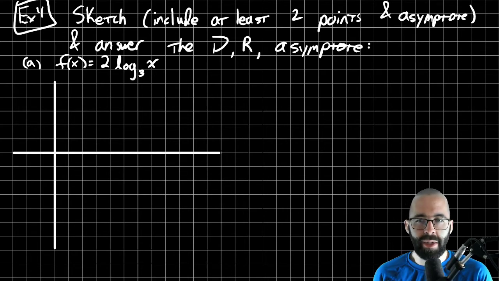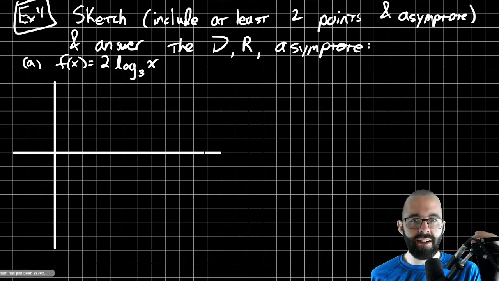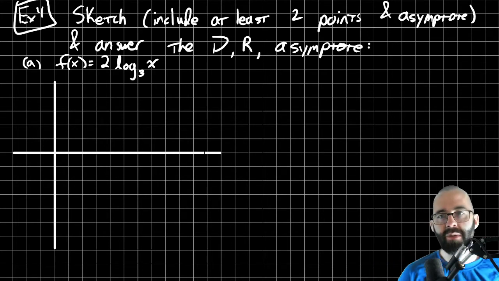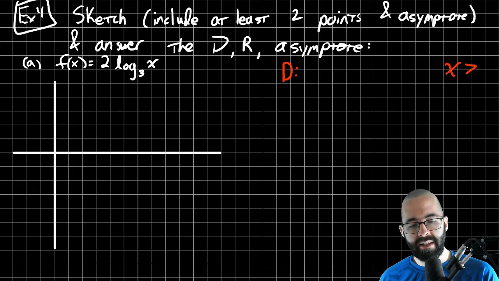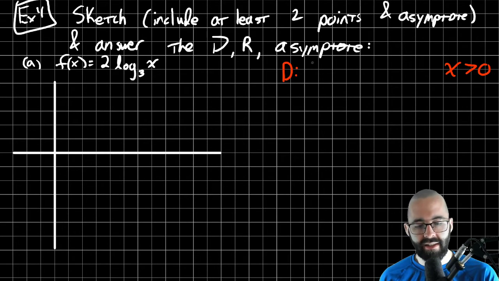Why do I not care about x being negative? The domain of this function is when the inside of the logarithm is positive. So the domain here, I already know. Let's write it down. You already know it too. The inside has to be positive, but the inside is just x here. The domain is just 0 to infinity.